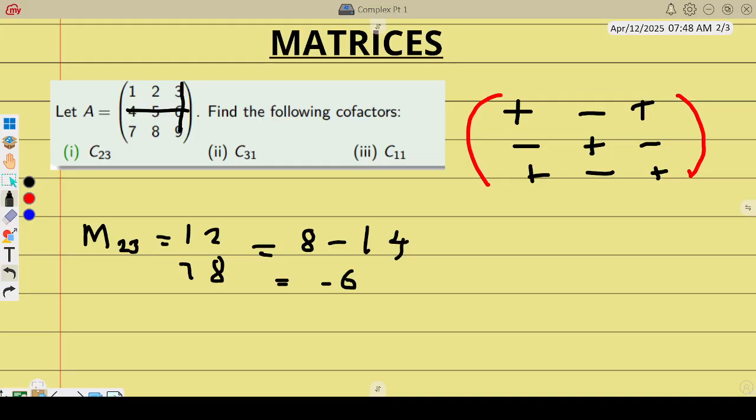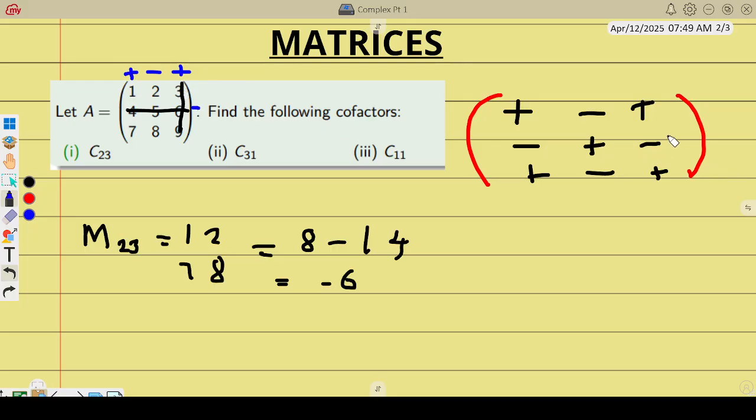So here you can see the intersecting point. It's here where this row and that column are intersecting. So what is the sign of this position? You always know that it's plus, minus, plus, so when we come down, minus.